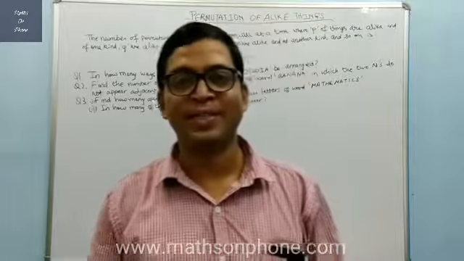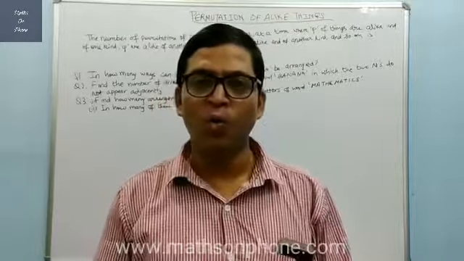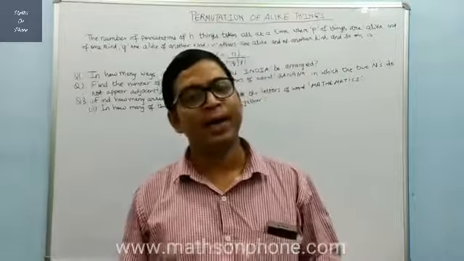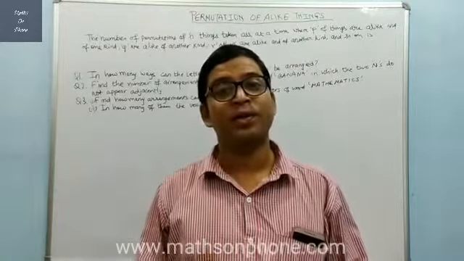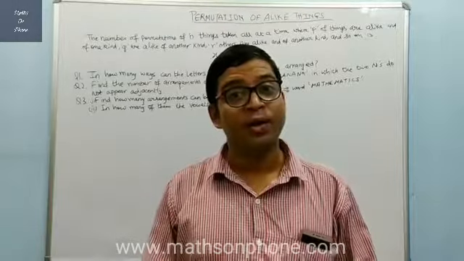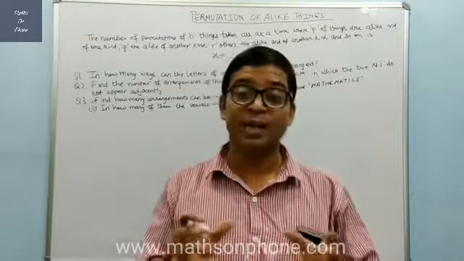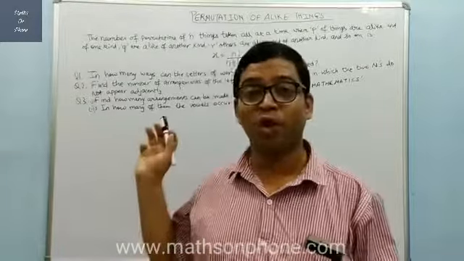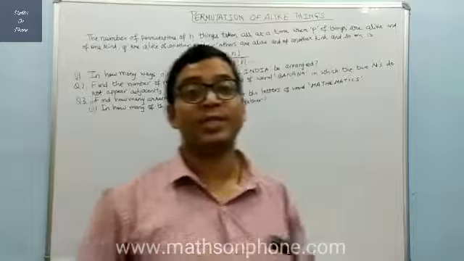Now we will see how the letters of the word can be arranged if certain things are alike. It can be any situation when something are of same type. We will follow the technique which we are going to discuss here.